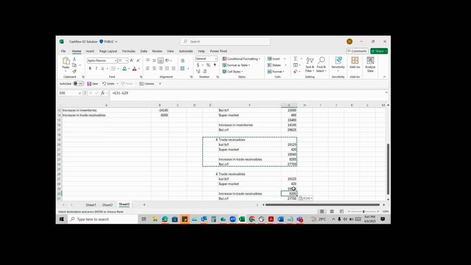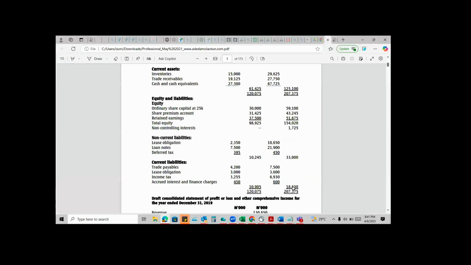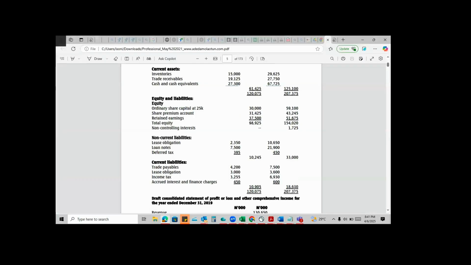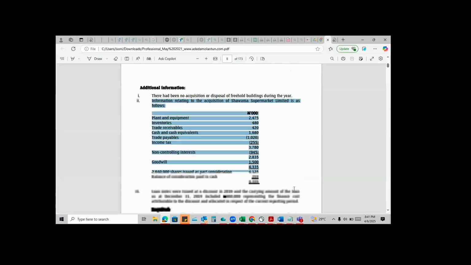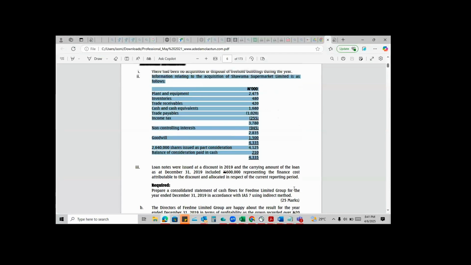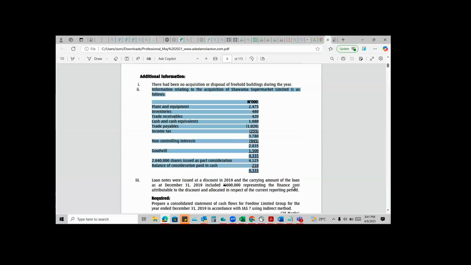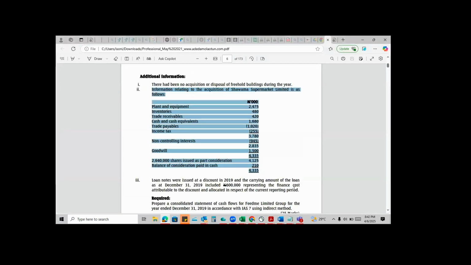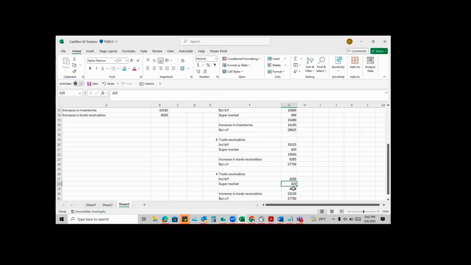Now, my trade payables in 2018 was 4,200. How much is that of supermarkets? Do they have trade payables? Yes, they do. Because it's a liability, that's a jacket, 1,020, right? 1,020.